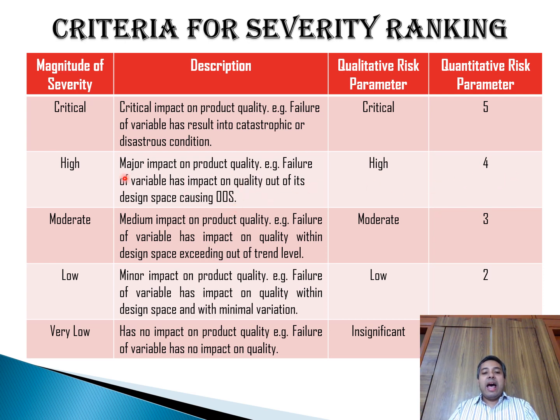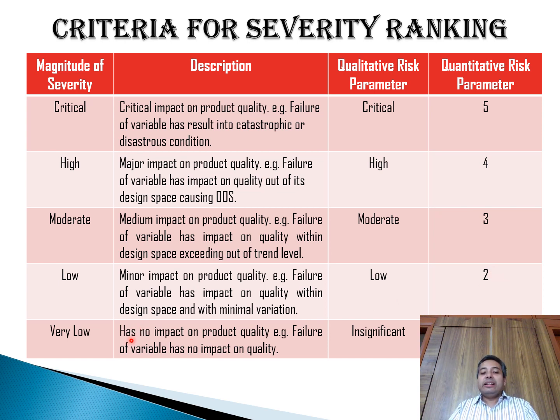as 4. After the high level, if the identified risk has medium impact on product quality, for example, failure of a variable has impact on quality within the design space but exiting the trend level, then the risk score shall be given as 3. If the identified variable or risk factor has minor impact on product quality, for example, failure of a variable has impact on quality within the design space and with minimal variation, then the risk score can be given as 2.